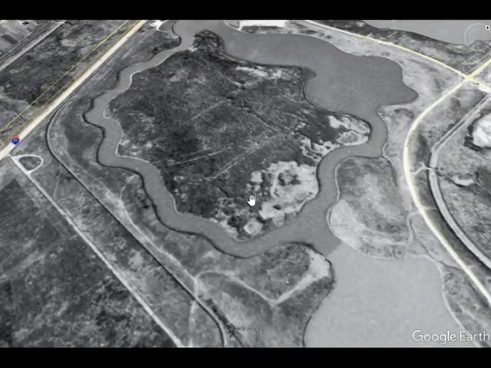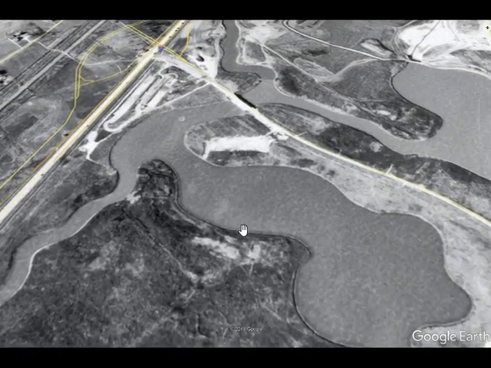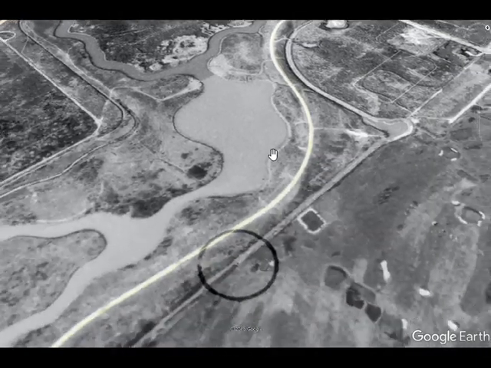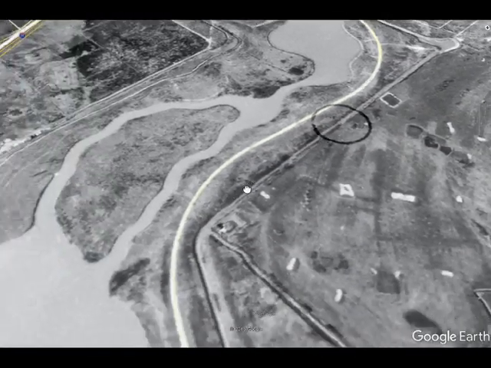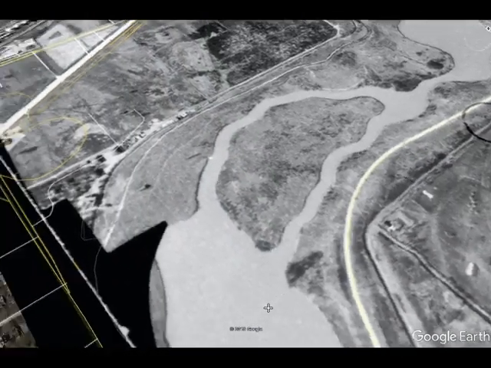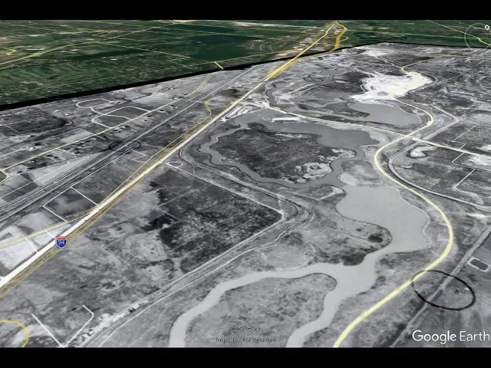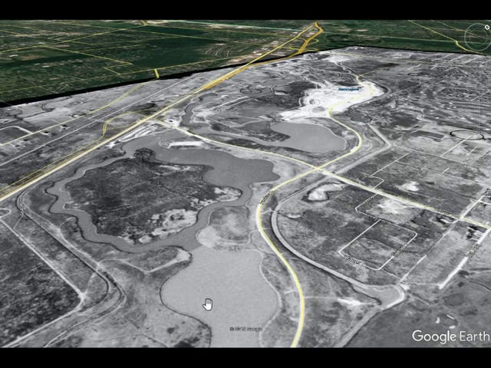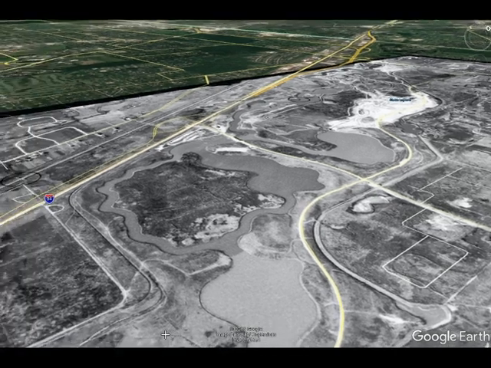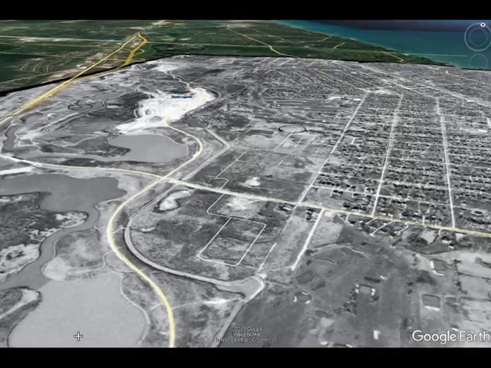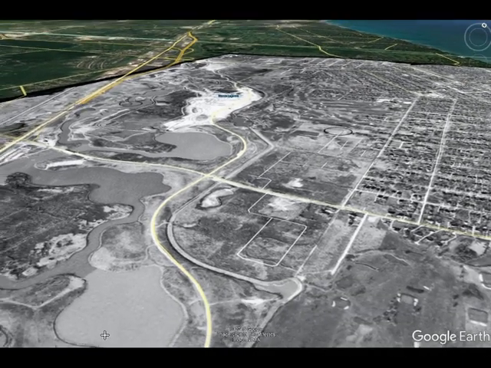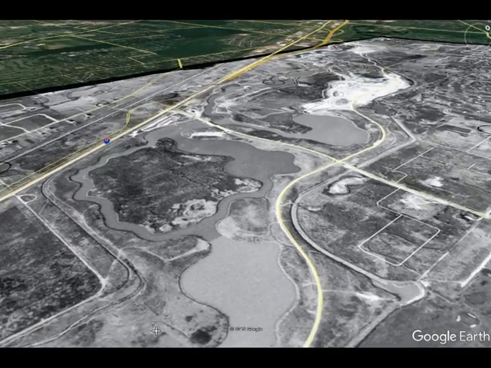Again, you can see all of the construction that was going on in the Skokie lagoons as they were being dug and created by Civilian Conservation Corps workers in the 1930s during the Depression. It's a very interesting historical period.